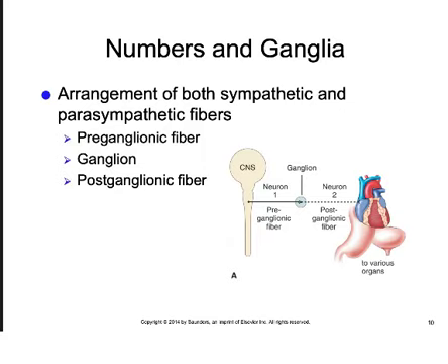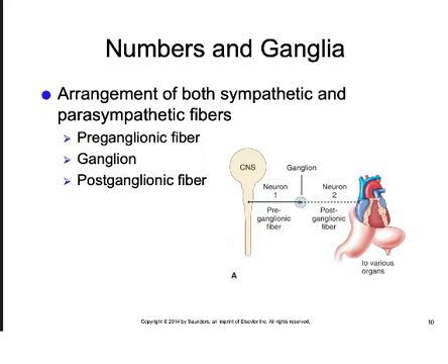The preganglionic fiber generally uses the neurotransmitter acetylcholine to communicate with the postganglionic fiber in both the parasympathetic and sympathetic divisions. And then in the sympathetic division, the postganglionic fiber uses norepinephrine or epinephrine, so it's called adrenergic. And the postganglionics in the parasympathetic division generally use acetylcholine.